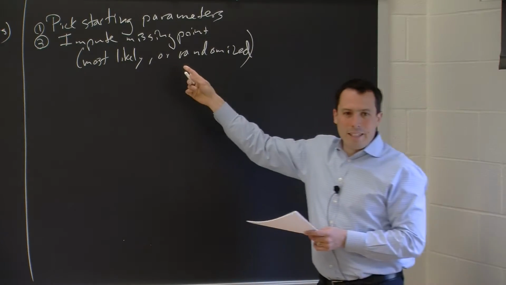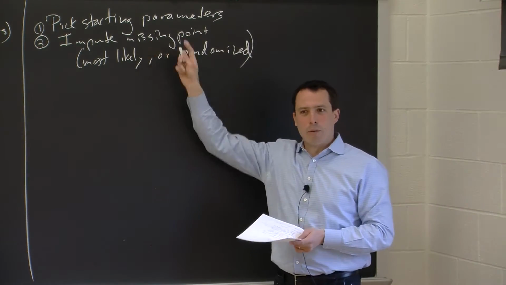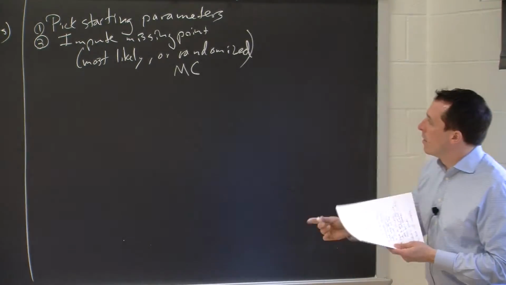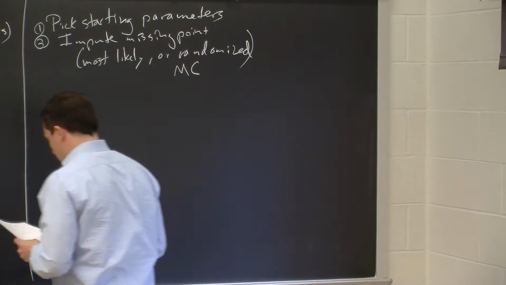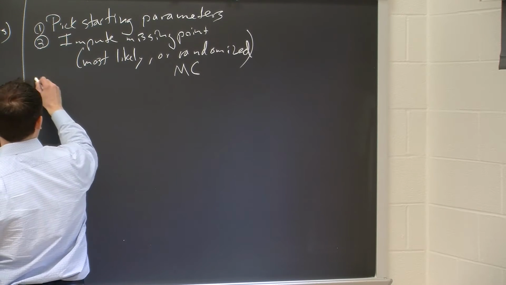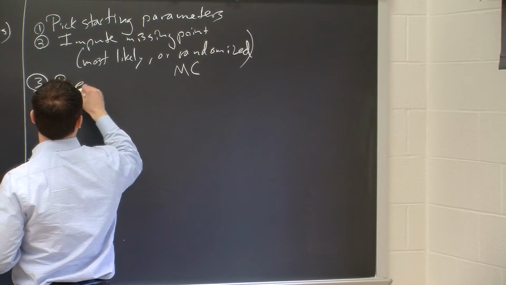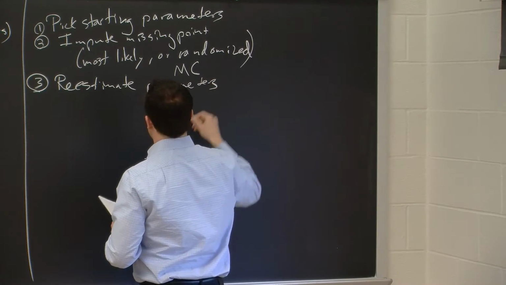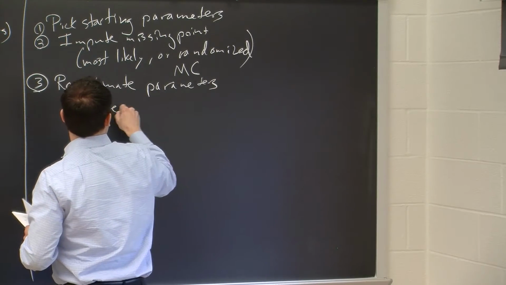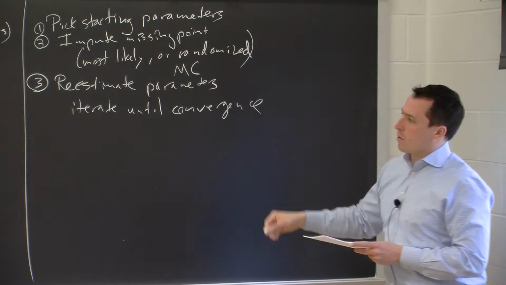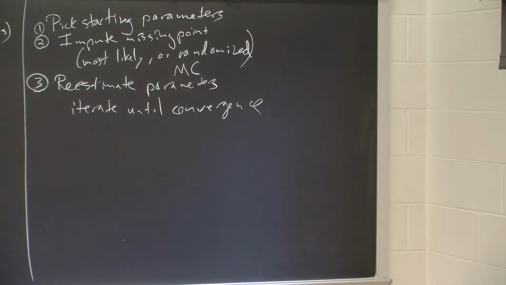And if we're doing an iterative randomized algorithm where we're imputing data and adding some randomness to it each time, then we're really doing a kind of Monte Carlo analysis. There's more to say about that, which again I won't get into. And then re-estimate the parameters, and iterate until convergence. So that's basically taking the same approach we took to the case where this division between missing and observed was always the same, and just applying it.